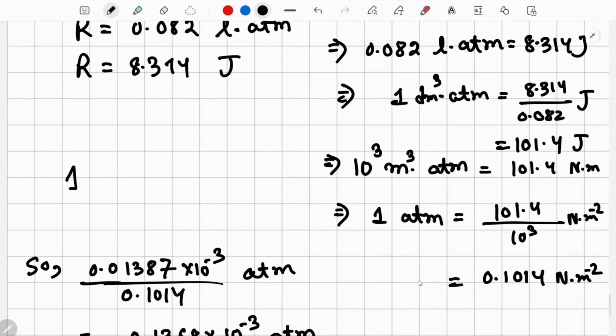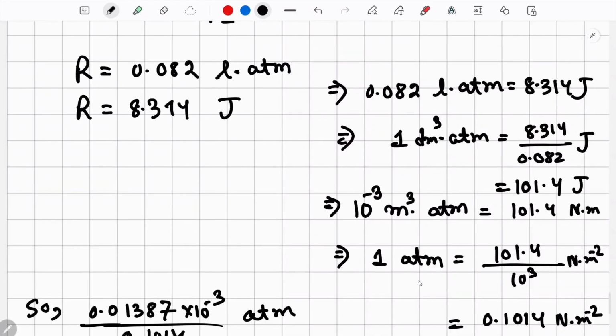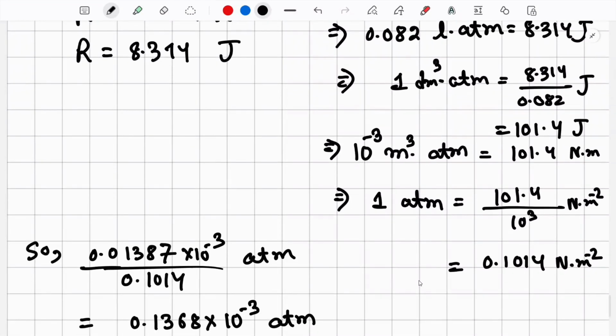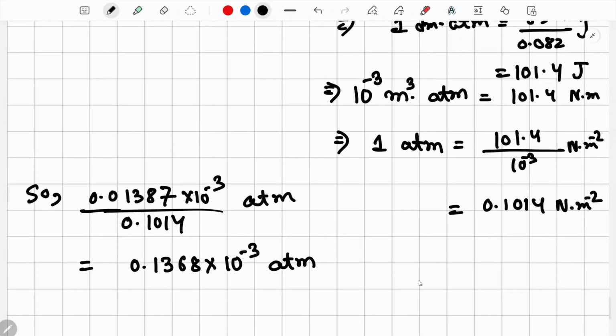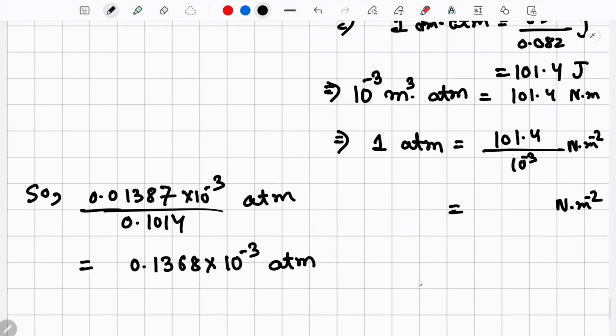In general, 1 ATM is around 10 to the power 5 Pascal. If I'm not wrong, 1 bar is 10 to the power 5 Pascal, I remember. Oh, it is 10 to the power minus 3, correct? So it is minus 3.